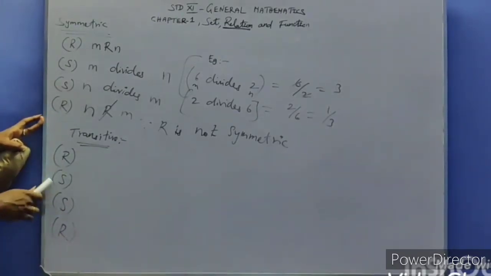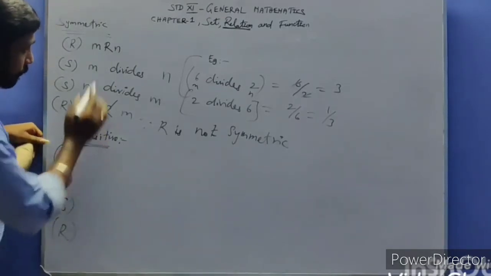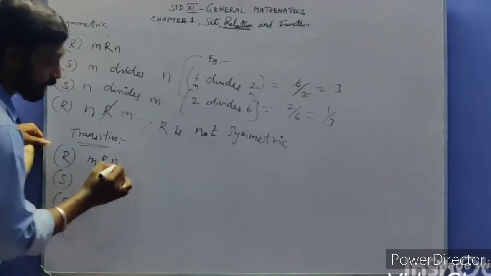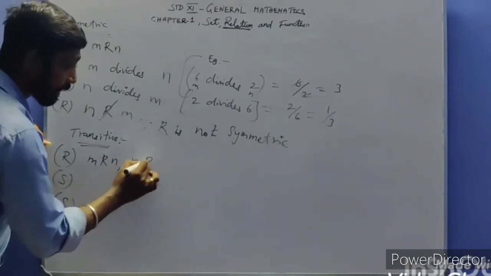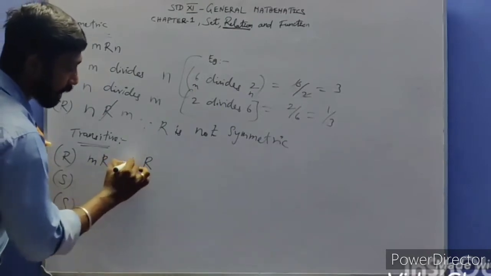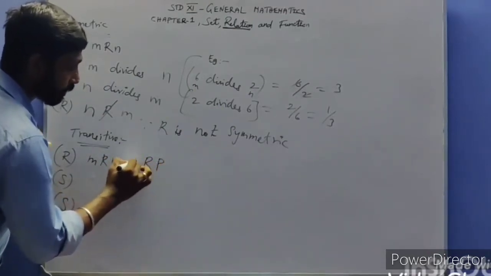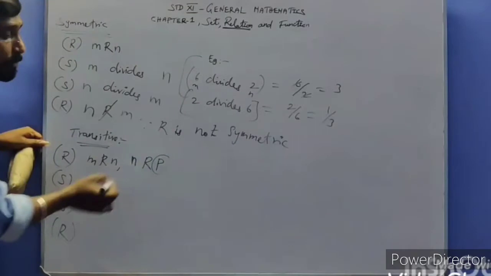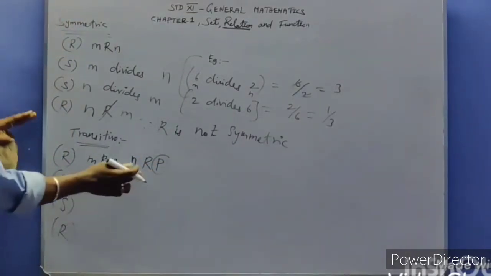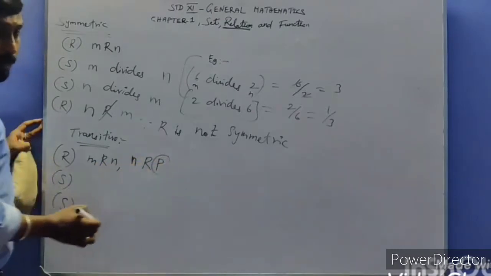M related to N, N related to something, if you want, N related to P. The third person is called P.